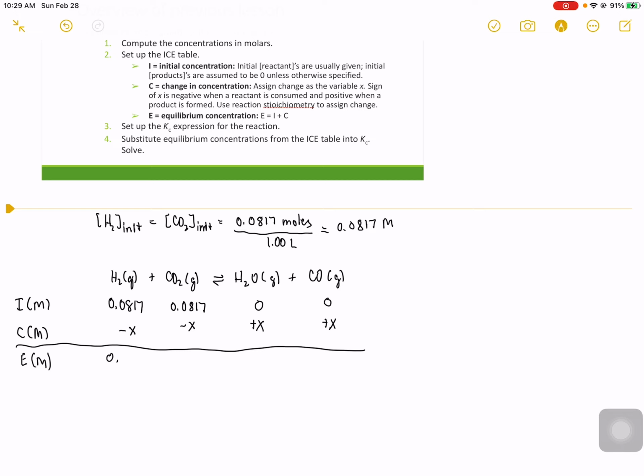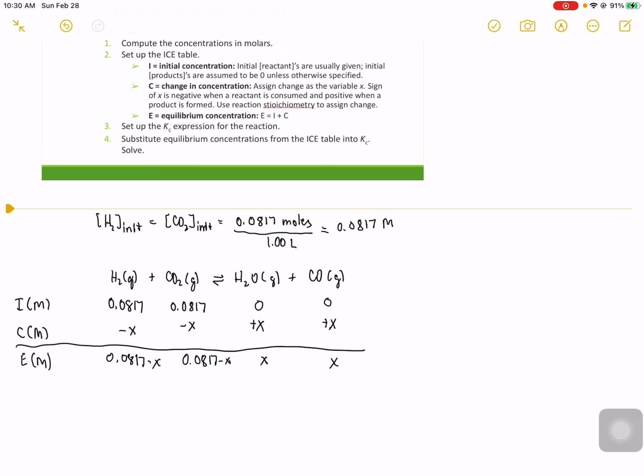So at equilibrium, we have for hydrogen and carbon dioxide the following values. And for water and carbon monoxide, their equilibrium concentrations are given as equal to X. So step 2 is already done.